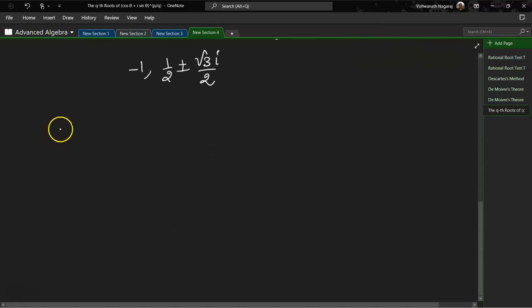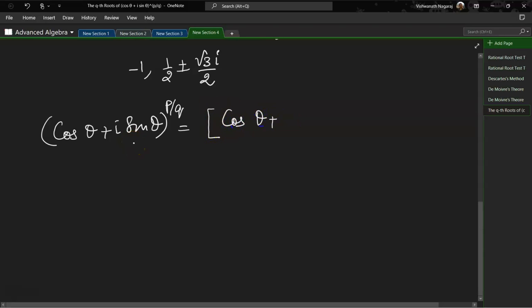We have (cos theta plus i sin theta) to the power of, say, p by q. Instead of just 1 by q, let's take it as p by q. If we directly take it like this, we'll get only one value.